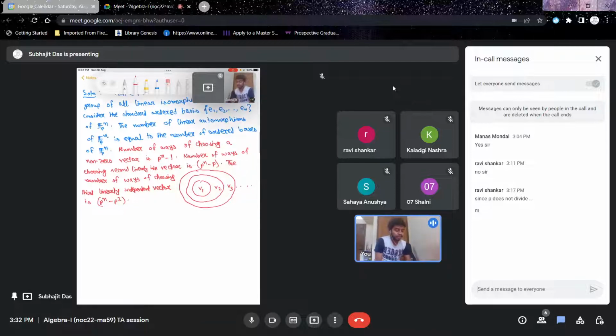So the point is, thus the number of ordered bases, let me just write down a symbol for ordered basis so that it helps you understand better.